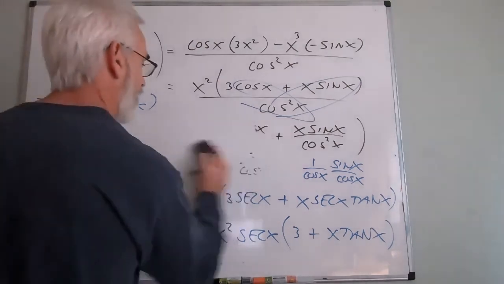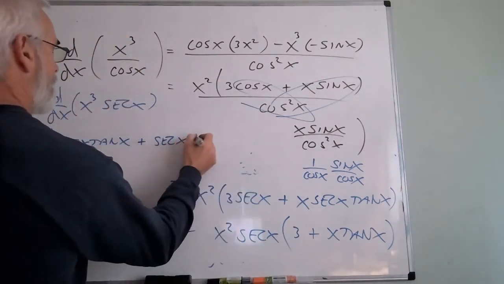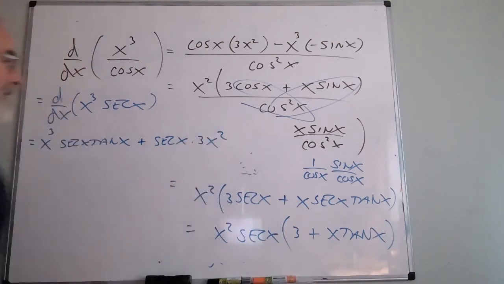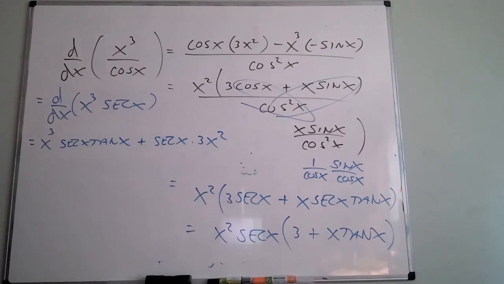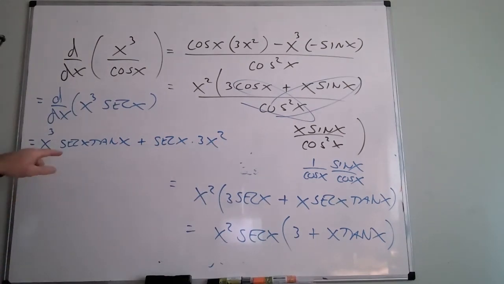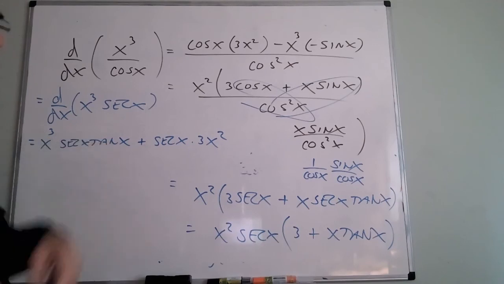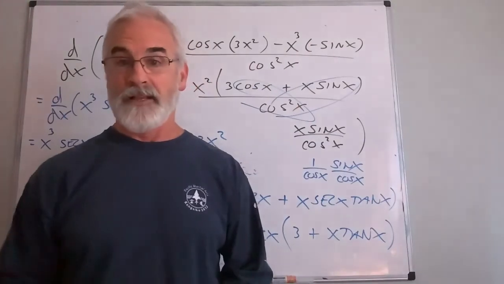Sorry, let me erase a little bit of this. Plus the second times the derivative of the first. And then when I factor out the GCF, boom, done. Because my GCF would be x squared secant. So in other words, one step derivative, one step factor, I'm done. And by the way, that's the most any problem should ever take you.